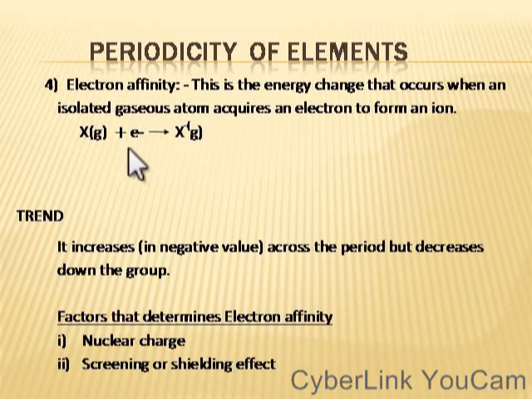Here the atom is receiving an electron to become an ion. The electron affinity is an exothermic process, and that is why we say they are opposite each other.